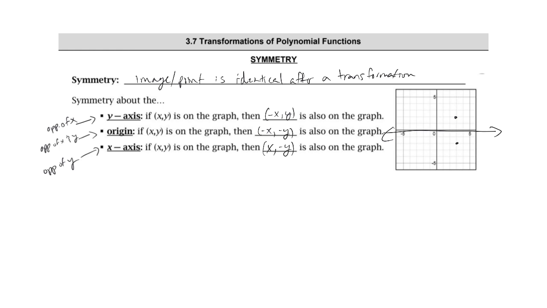For the y-axis, if your point's here, the symmetric point is the same distance on the other side, and your x is the opposite of the other x. And then about the origin, I'll make it a different color.